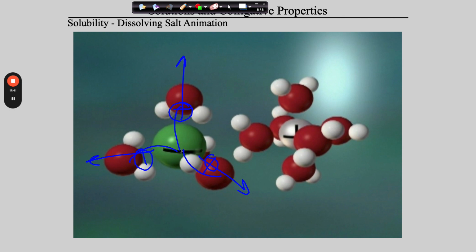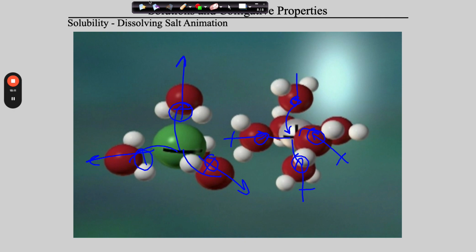Then guys, over here, these polarities are going this way. There we go. These polarities are going this way, and that means that the negative ends of the dipoles are attracted to the positive sodium ions. And guys, these intermolecular forces that form between the ions in the salt and the water are what allows the water to dissolve the salt.